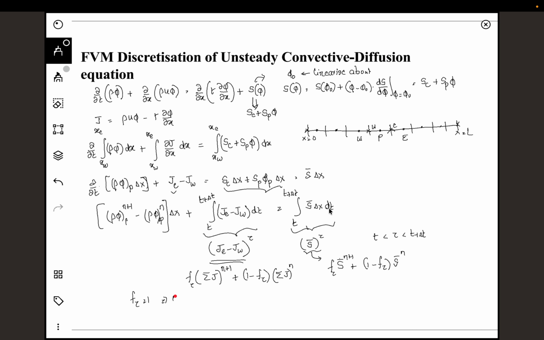So this is a fully implicit method, just like the Euler implicit method. If f tau is 0, then we are only considering the previous time step value, so this becomes an explicit one. And if f tau is half, then you have half here and half here. That is the Crank-Nicolson method.